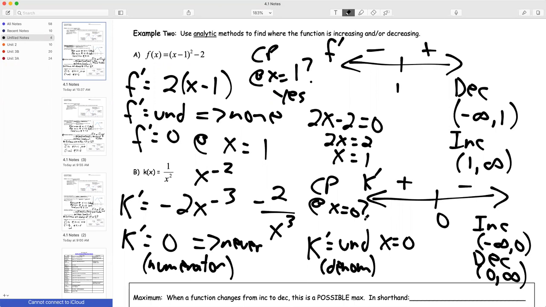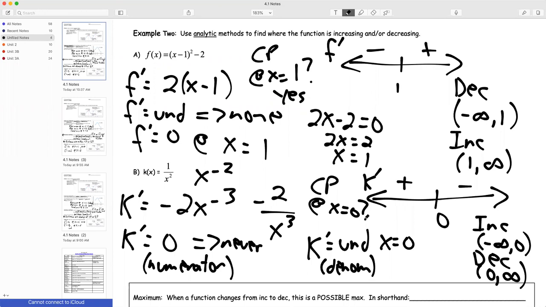Well, what happens if I plug 0 into my original function? There's not a hole there, there's a what? There's an asymptote in the original function. So can you, it's a philosophical question, can you have a point if the point does not exist?